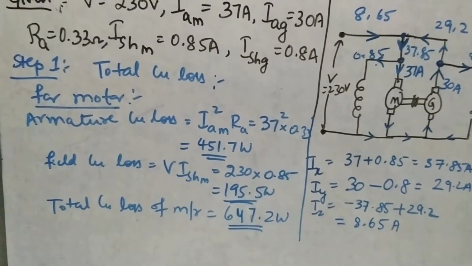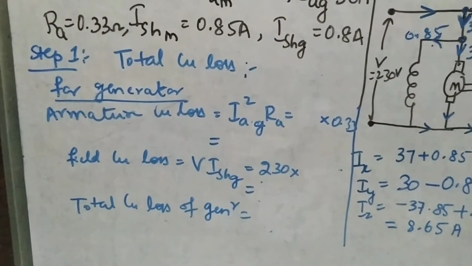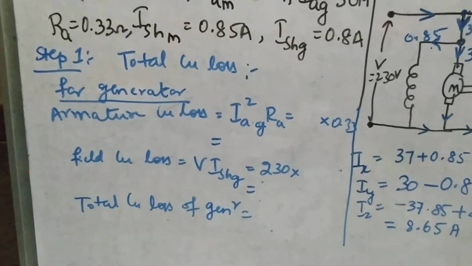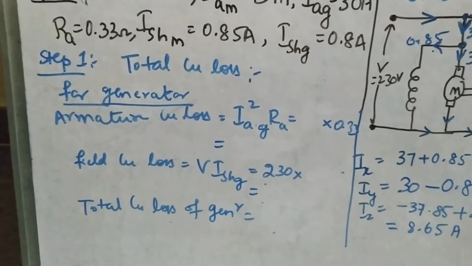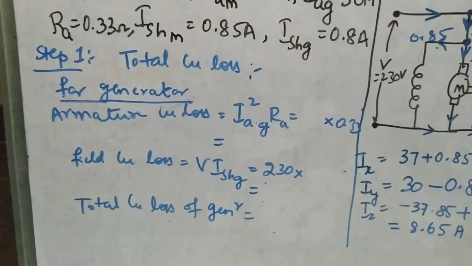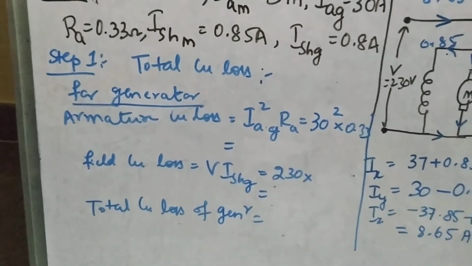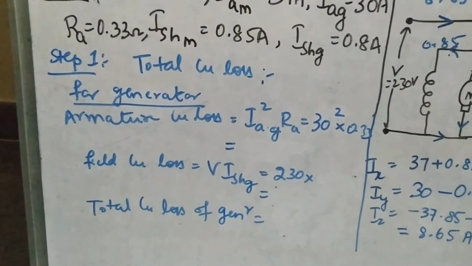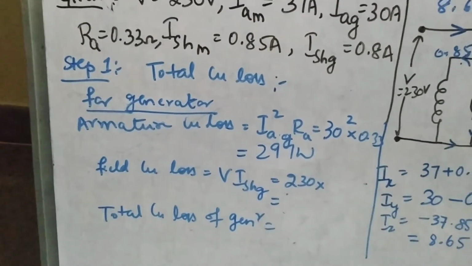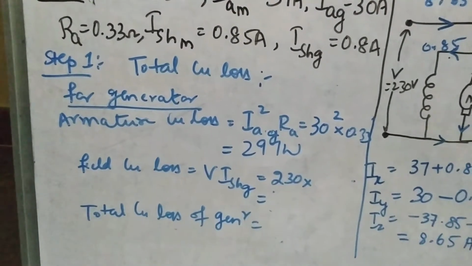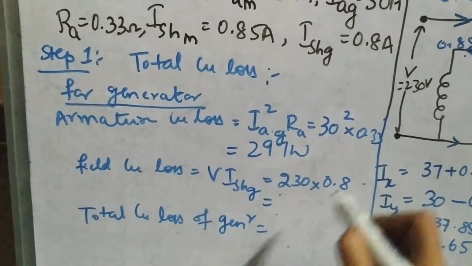Similarly, we have to calculate for the generator. For the generator also, the armature copper loss will be given as IAG squared into RA. The IAG value is 30 amperes. So 30 squared into 0.33 leads to 297 watts. Similarly, for the field copper loss, it is V into I shunt G, that is 230 multiplied by 0.8.